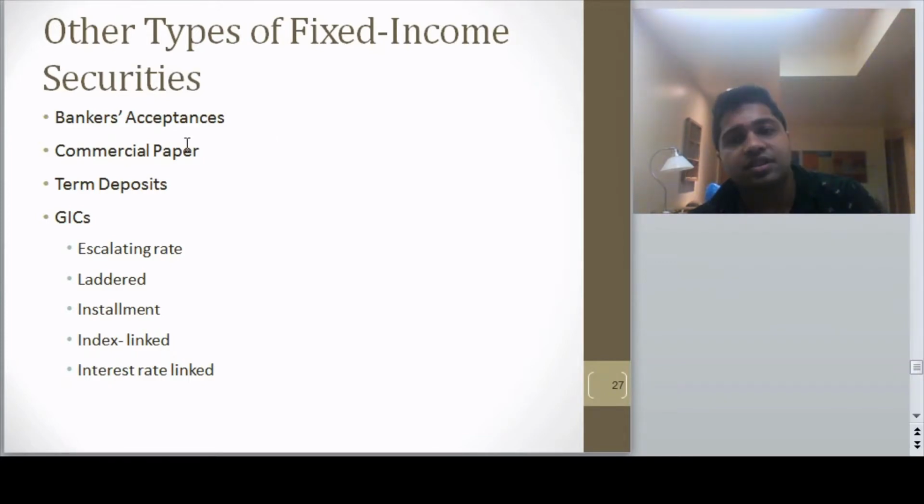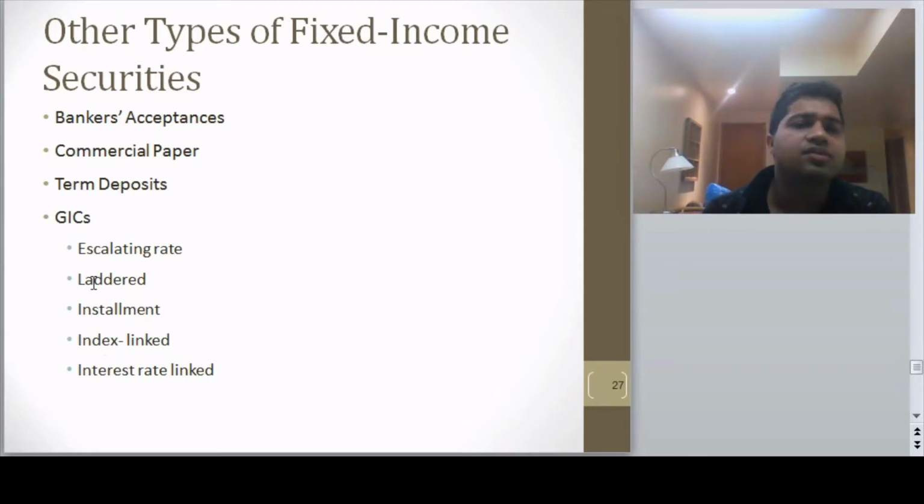Commercial paper: these are short-term money market instruments issued by companies, generally for less than a year. Again, they are discounted from the face value. Term deposits are issued by banks, which block your money for a particular duration and pay interest on it. Guaranteed investment certificates are again majorly issued by financial institutions, block your money, and you get interest payments.